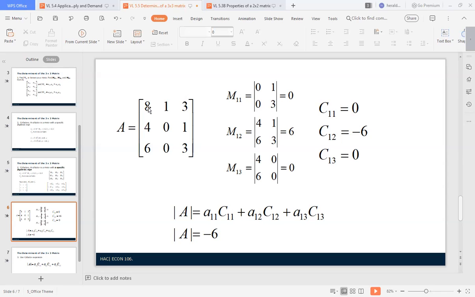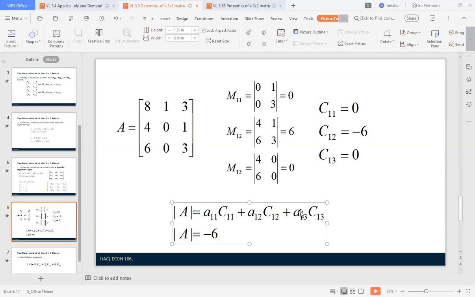A12 is 1 times negative 6. Let me write it to have a clearer view. Let's have A here, and let's have 8, and what is 0? We also have negative 6.